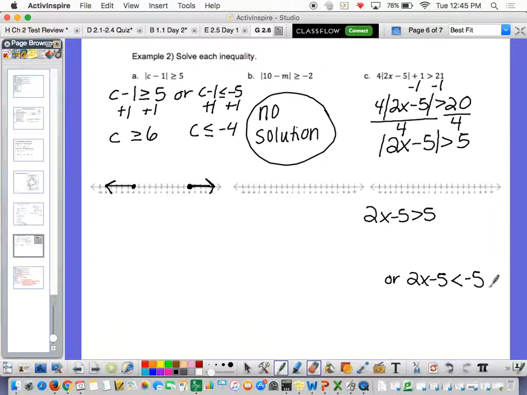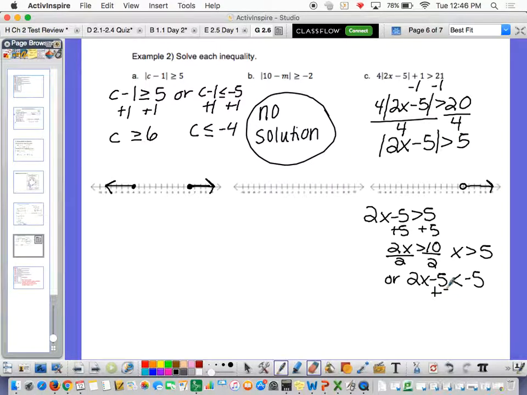Okay? So if we solve these, we do plus 5, plus 5. You've got 2x is greater than 10. And if you divide by 2, divide by 2, x has to be greater than 5. So let's graph that. We go to 5 on our number line. Let's see, this is 0, 1, 2, 3, 4, 5. Open circle. And all the numbers that are bigger than 5.